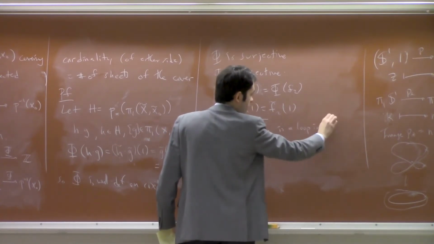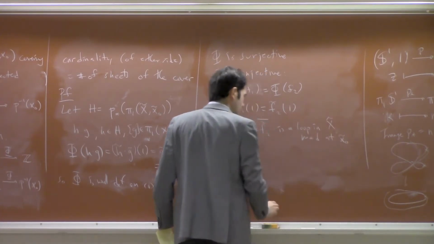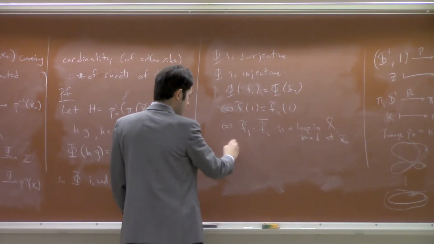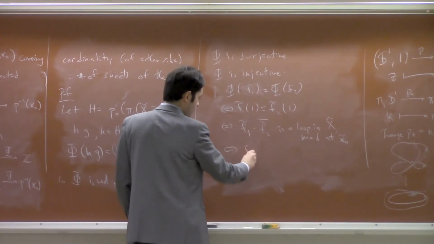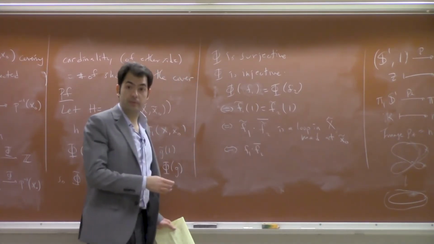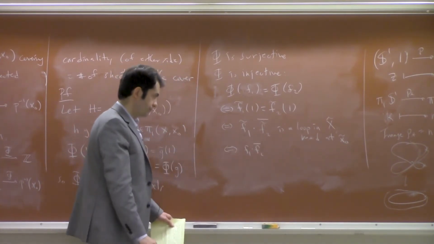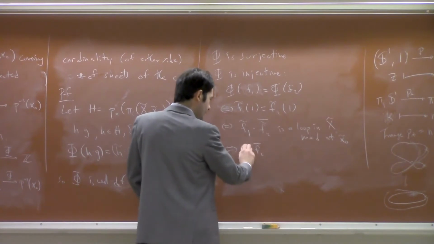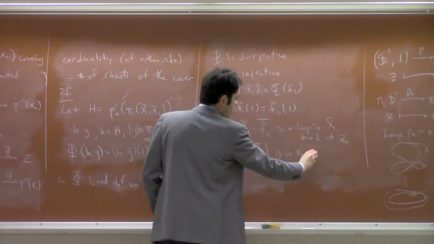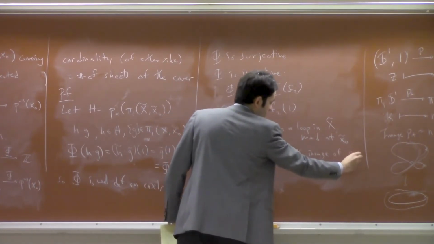in x tilde based at x naught tilde, which is equivalent to saying that this loop downstairs based at x naught, a concatenation of two loops, has its homotopy class in the image of P star, right?